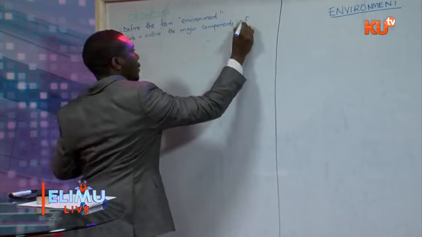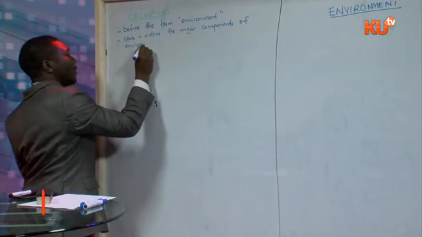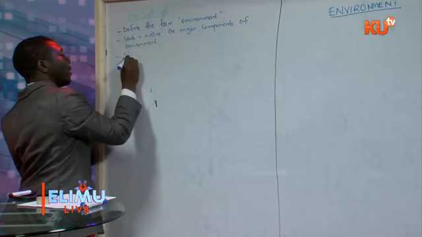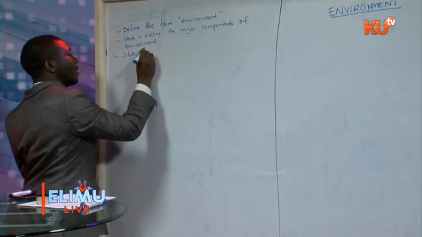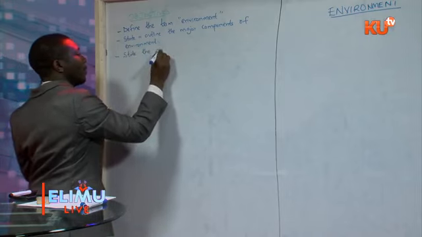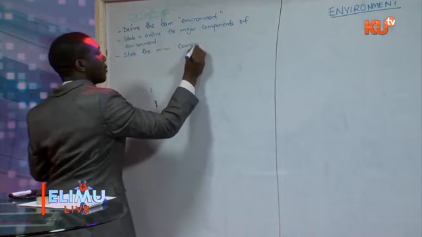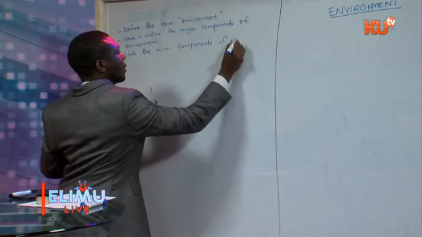And then the third objective, you are supposed to state the minor components of environment.